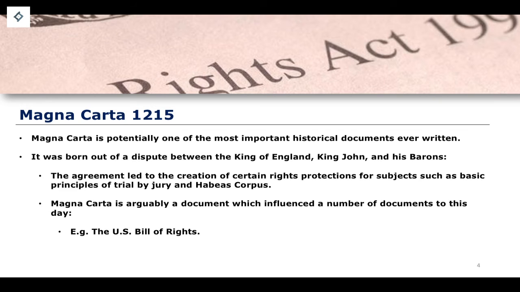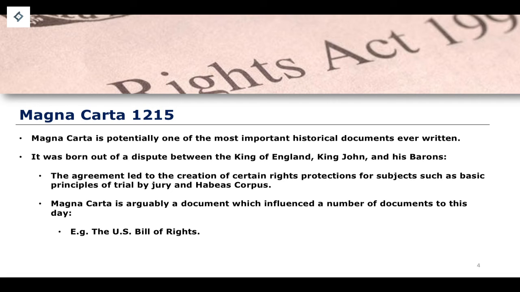Of course, it was very heavily influenced, or influenced a number of interesting documents such as the US Bill of Rights, for example, certain ideas pertaining to the Enlightenment and stuff like that. But like I've said, in terms of it protecting human rights, in recognizing that every single person who lives under the King of England has certain inalienable characteristics and rights which cannot be trampled on, is not what Magna Carta did.